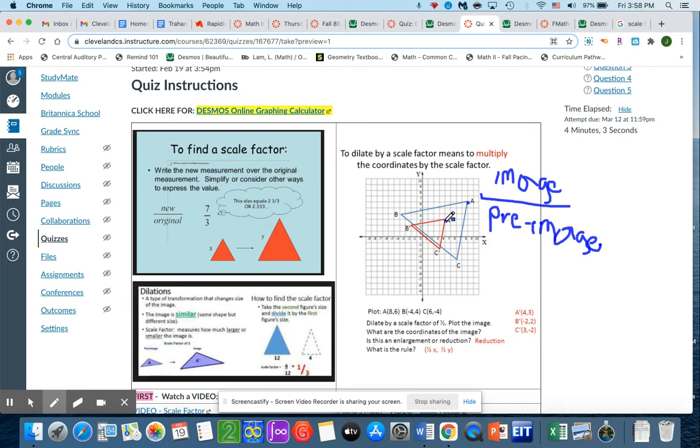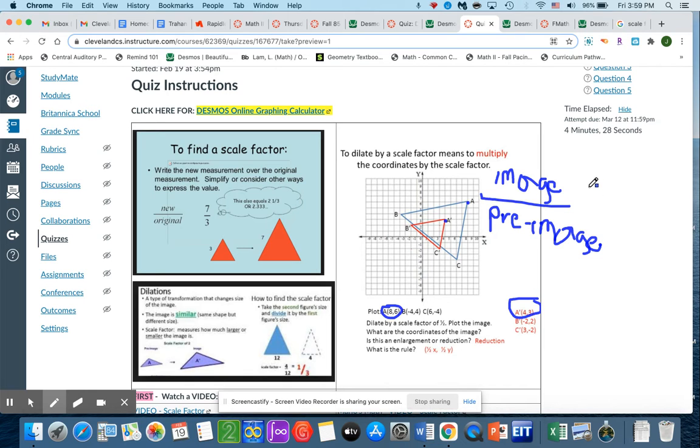So that is 4, 3. All right, its corresponding point A, before dilation, you count over, that's 8 units, and then I count up 6 units, 8, 6. So I'm looking at this one and this one.